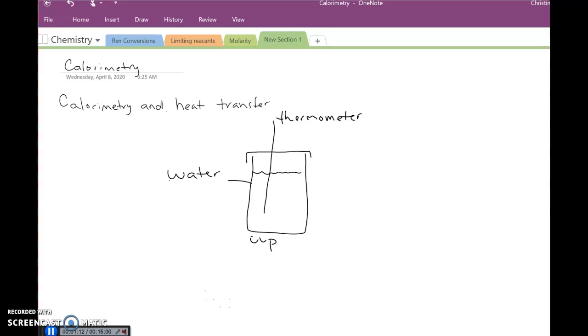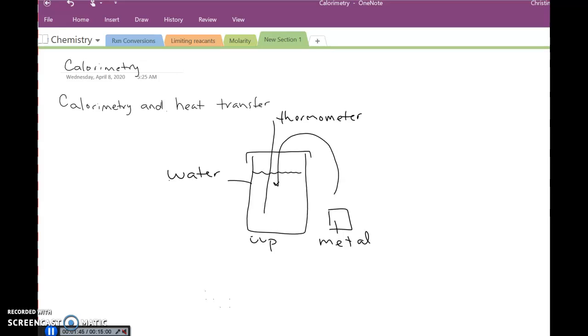So in these examples, we're going to be doing a transfer of heat, because heat is a transfer of energy, from a little piece of metal. This metal is heated up, and then we put it inside our calorimeter, and we monitor the change in temperature of the water and the metal.